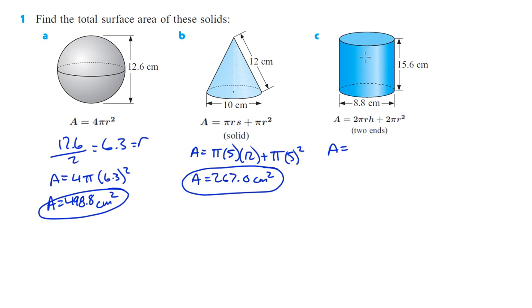This is the cylinder piece. Okay, so that's 2 times pi. Our radius here is half of 8.8, which is going to be 4.4, and our height is 15.6, plus 2 times pi times our radius, which was 4.4 squared.